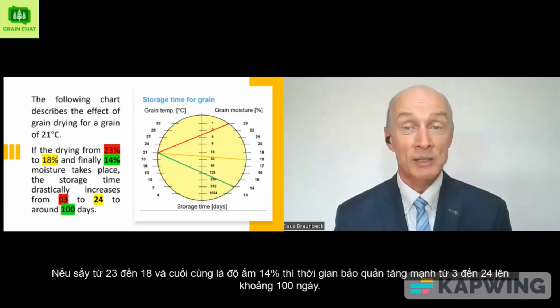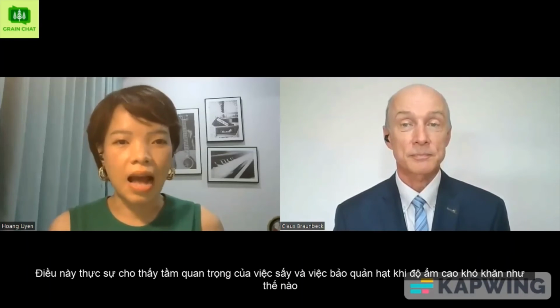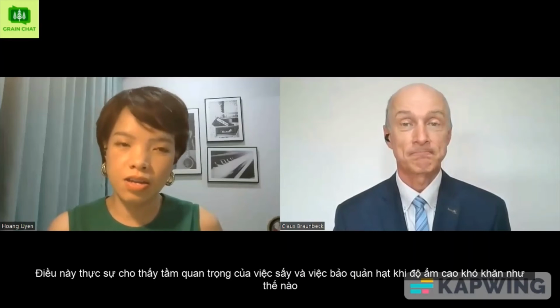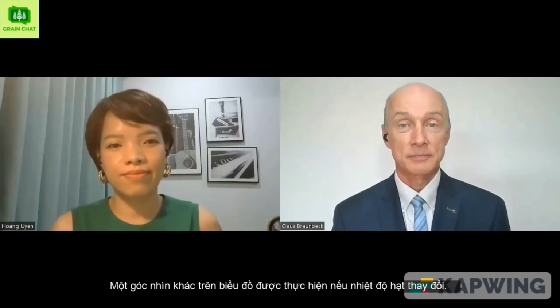If the drying from 23 to 18% and later to 14% takes place, the storage time drastically increases from 3 to 24 to around 100 days. This really indicates how important grain drying is and how critical it is to store moist grain.